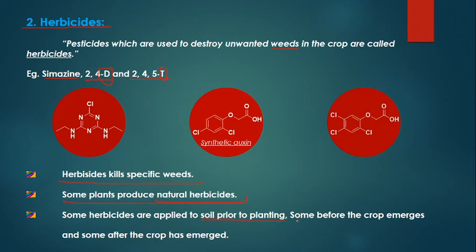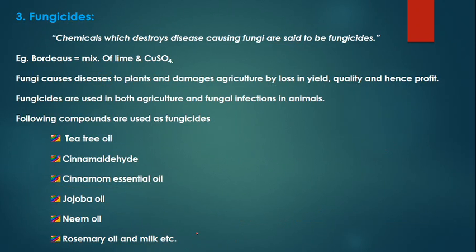Some herbicides are used before the crop emerges: we put the seeds in the field, and before the seed protrudes out of the soil, we apply the herbicide. And some herbicides can be applied after the crop emerges. These are some properties of herbicides.